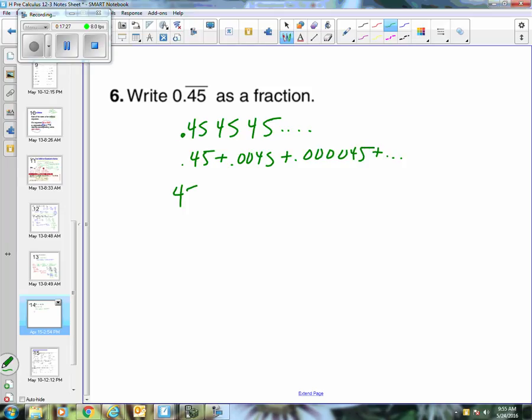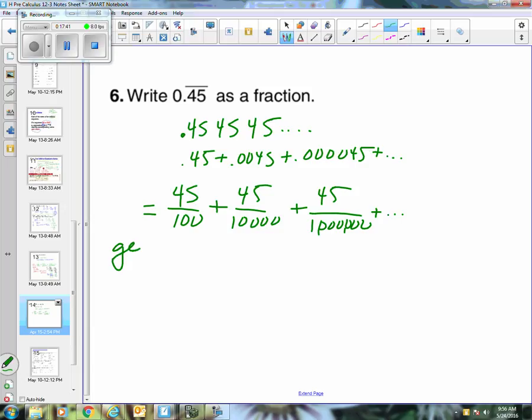That means it's 45 over 100 plus 45 over 10,000 plus 45 over a million, and so on, right? Keeps going. That means it's an infinite geometric. The ratio is 1/100th.